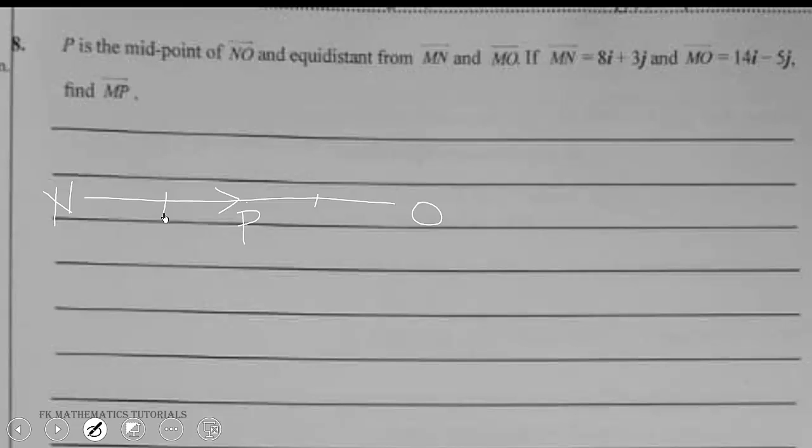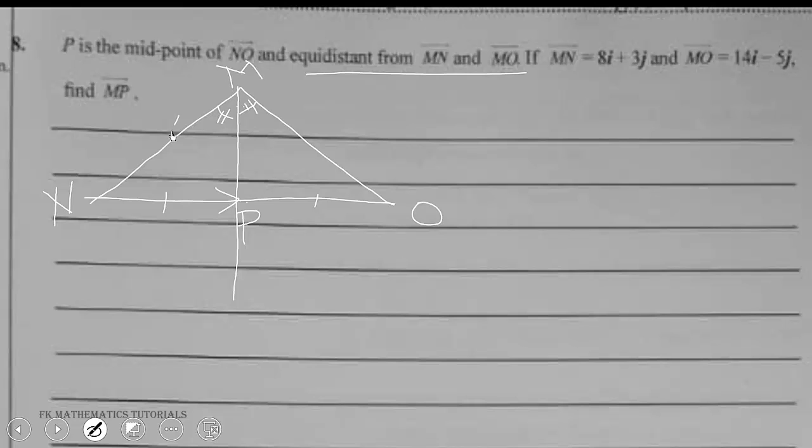We're also told that P is equidistant from MN and MO. So if we locate M somewhere here, then the line through P should bisect the angle at M. So the angle here should be equal to the angle here. So we have M here.